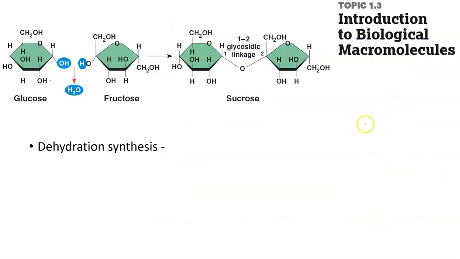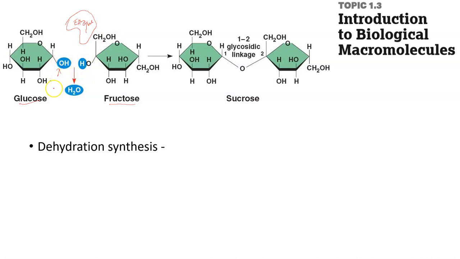Okay. First thing I want to talk about with biological macromolecules is the concept of dehydration synthesis. If you look up here, you have glucose, fructose, probably some things you've heard of. What we have typically is an enzyme, which again, we'll talk about later, that catalyzes these types of reactions. What that enzyme does is it pulls a water from this area.